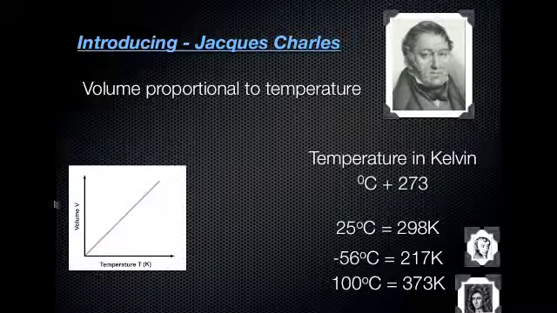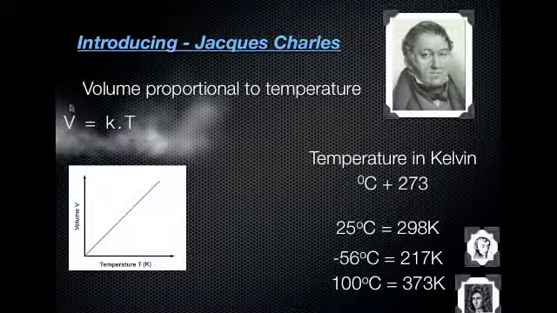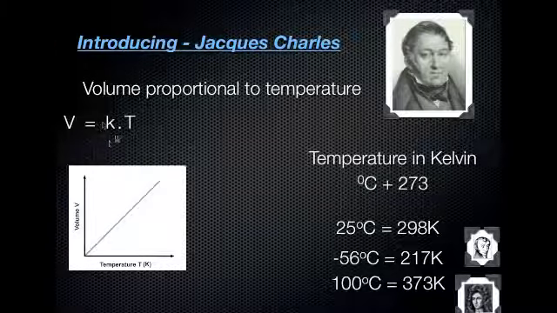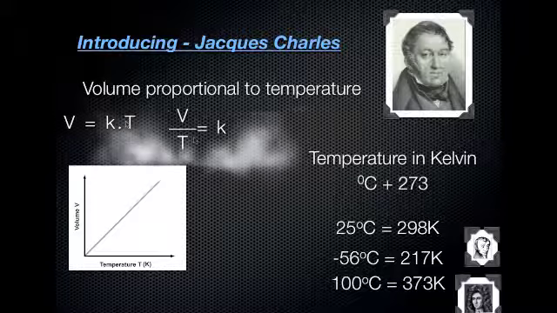If we want to write an equation for this graph, you can see it's a linear graph. So we're going to write down that volume is equal to a constant called K times the temperature. Because we have a straight line, volume equals something times temperature. Now, I'm going to do a bit of a rearrangement and put the temperature underneath here.